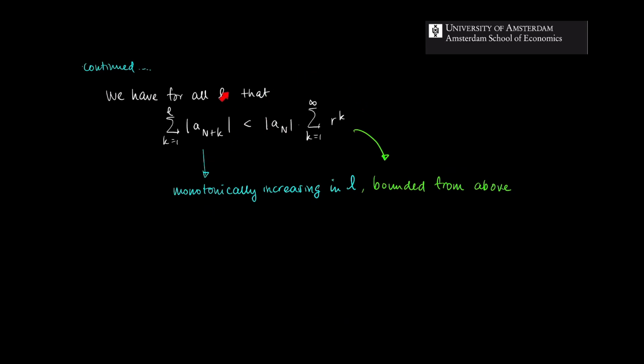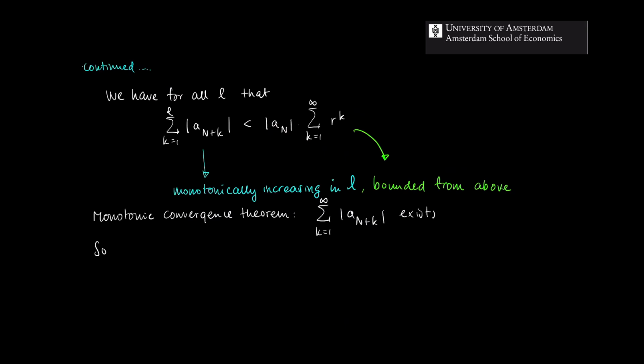So we have a monotonically increasing sequence which is bounded from above. By the monotonic convergence theorem, the sequence on the left is converging. So the sum over k equals 1 to infinity of the absolute value of a capital N plus k exists.